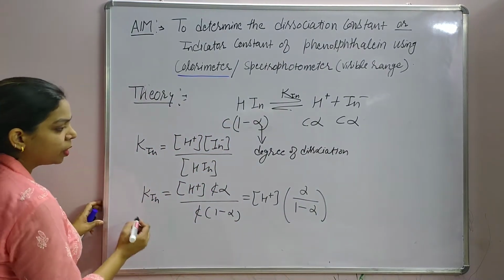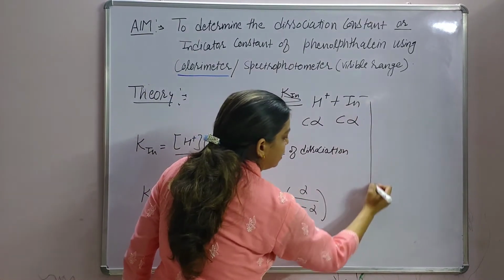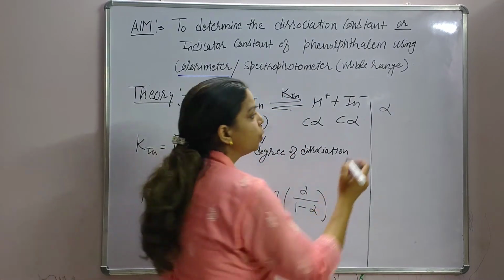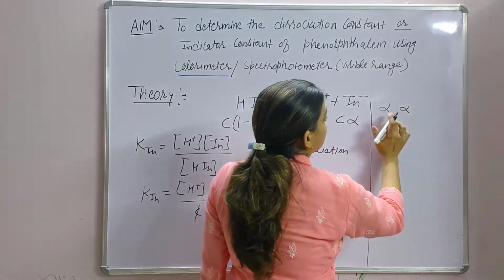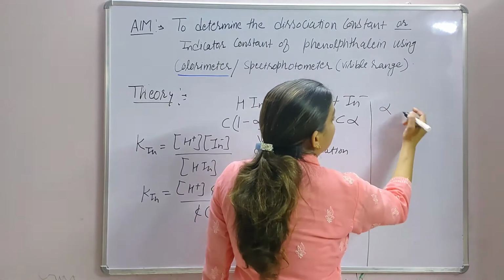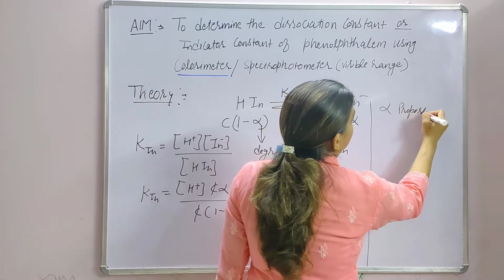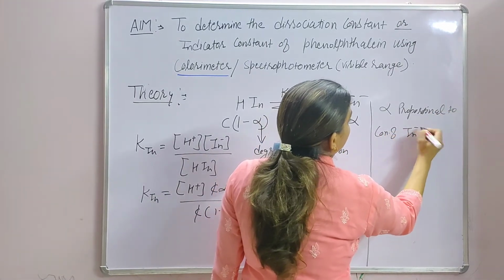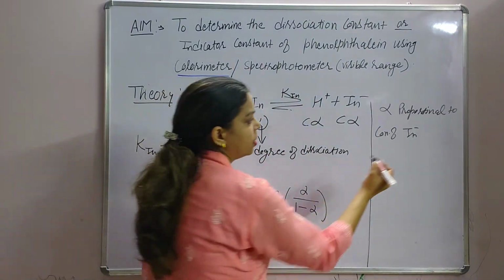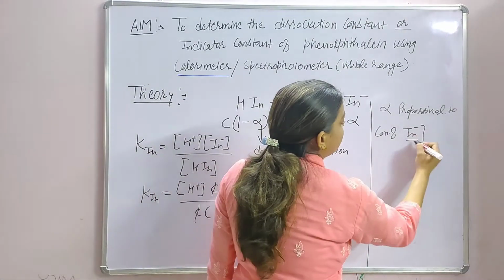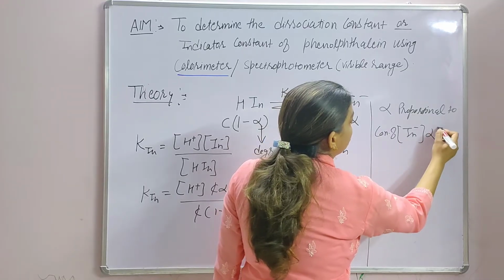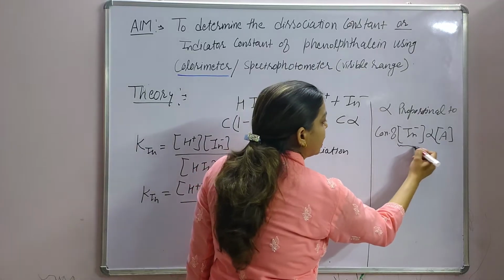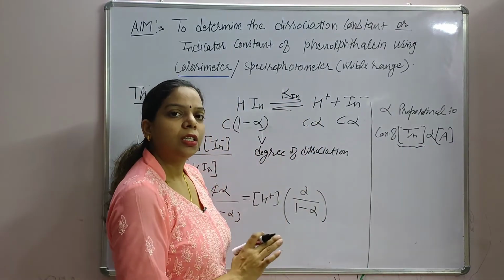One more thing, this is a very important point we must know. Alpha, the degree of dissociation, is proportional to the concentration of In minus ions, and the concentration of these ions will be proportional to the absorbance of the solution, because these are the ions which are imparting pink color to the solution.